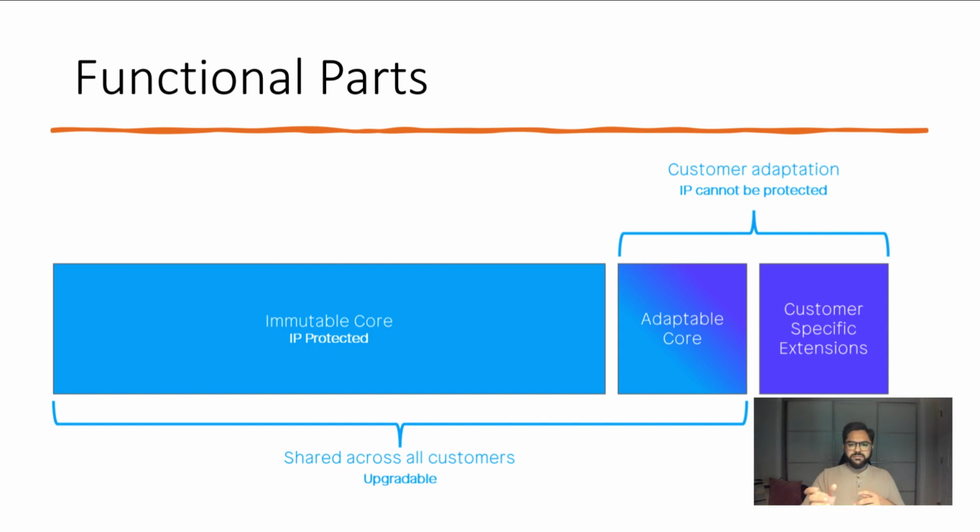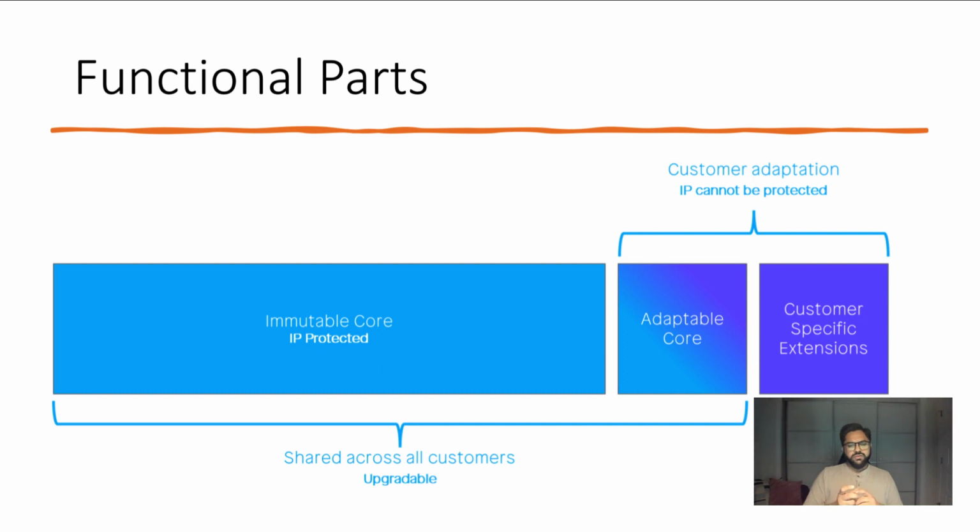Then there is some part that can be an adaptable core. In my case, I would keep only the pages in the adaptable core, so all the UI and UX stuff goes into the adaptable core.